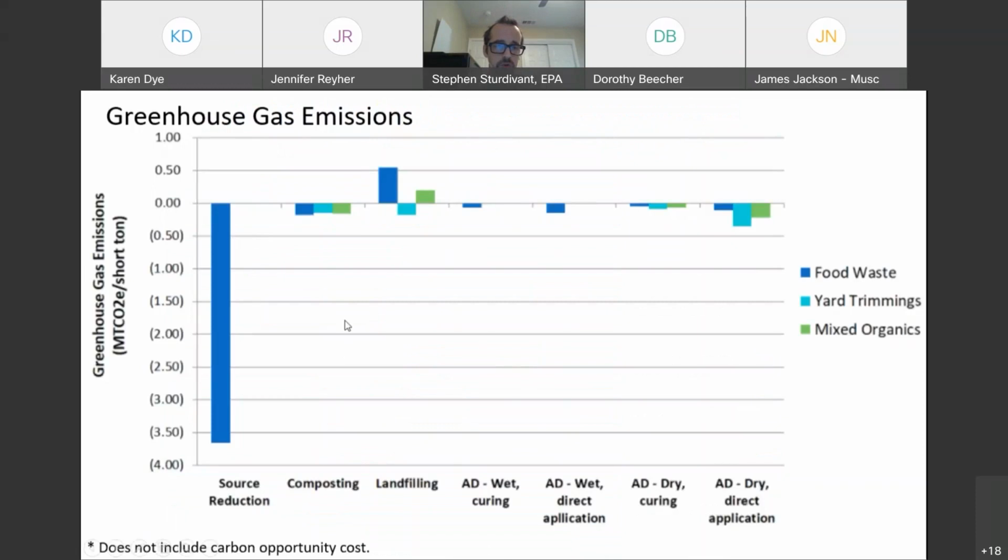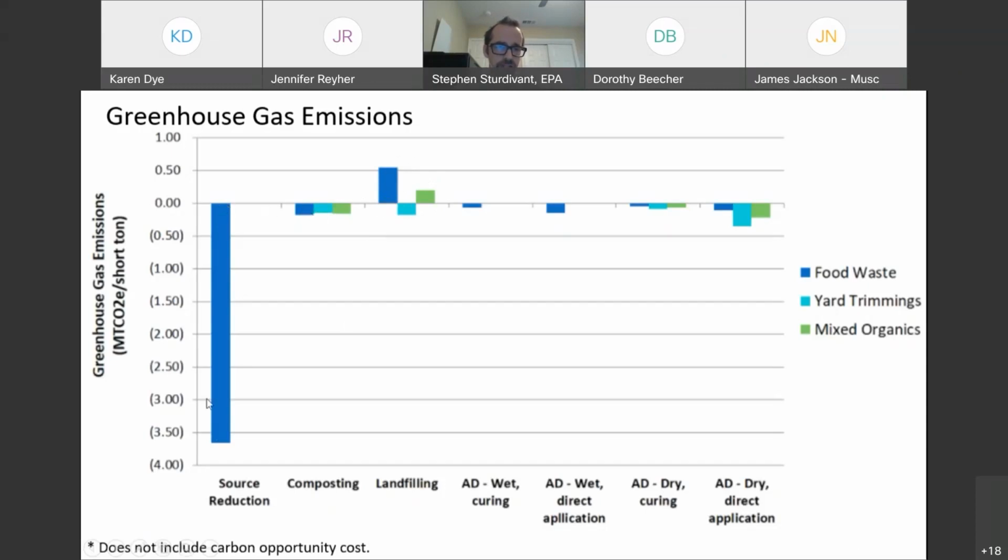So you have here, for example, landfilling. And this shows that there are emissions above zero happening at the landfill itself. So this is like the methane happening at the landfill. Now, if you compost food waste, you remove that landfill methane and you sequester a little bit of carbon too. But look over here at source reduction.